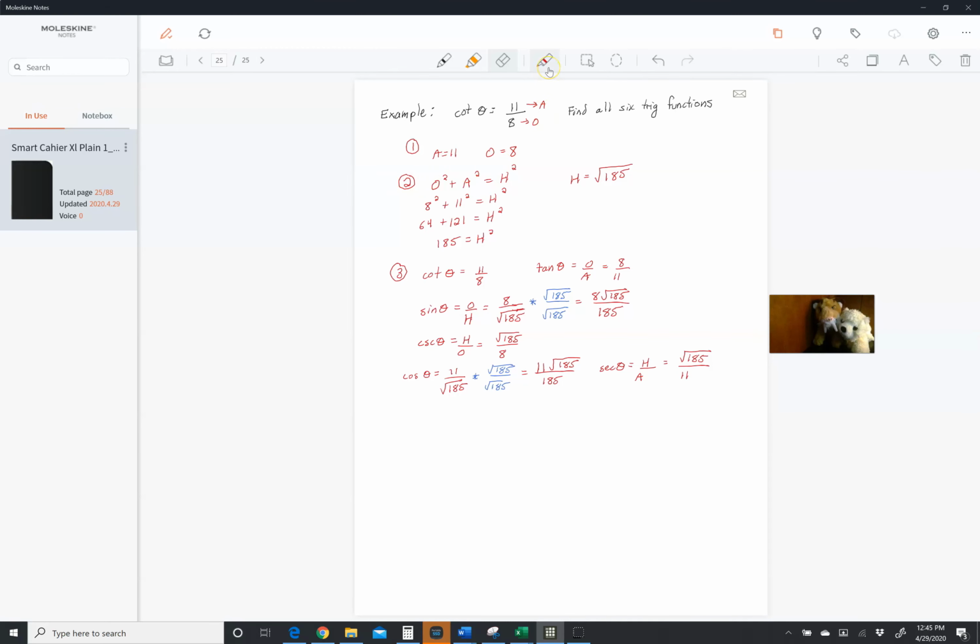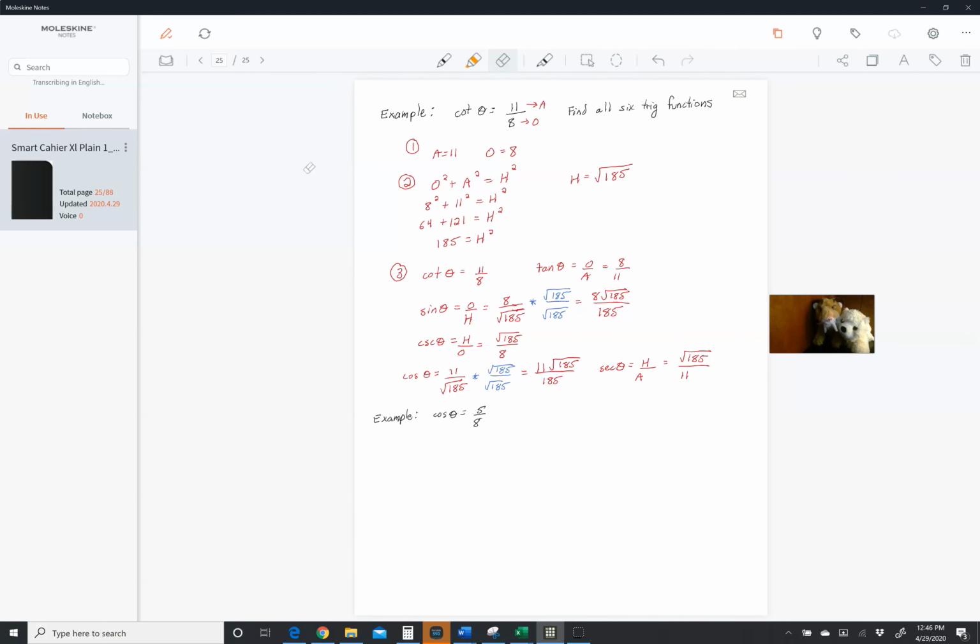Okay, we'll do one last one, and then we're going to stop for today. So let's say that you're given that the cosine of theta is equal to, let's make it 5 over 8.